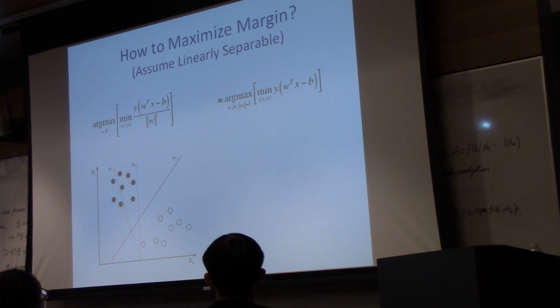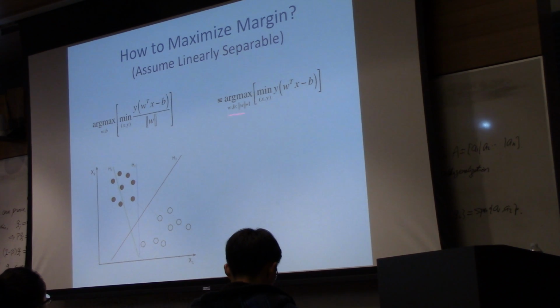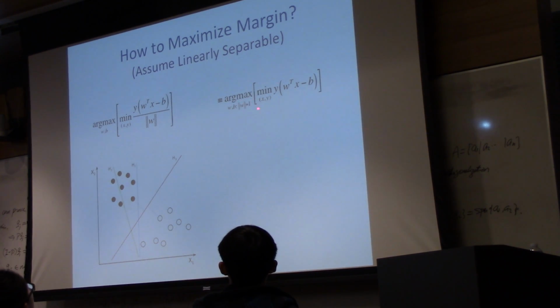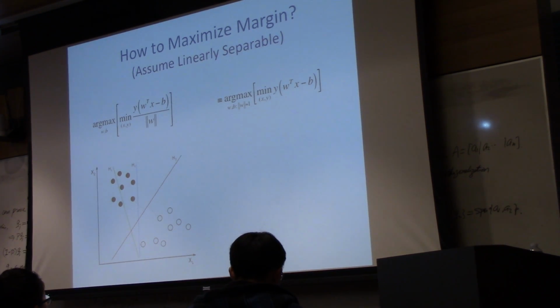Suppose this is basically just whatever this score is, and I'm just dividing by the norm of W, right? So it's equivalent to just say I want to find all W and B, constrained to the norm of W being 1, maximizing this quantity. These two will give you the exact same solution in terms of accuracy.